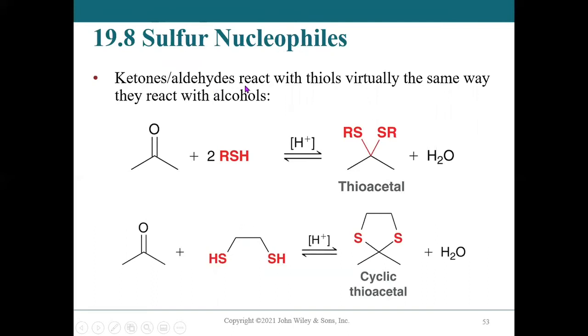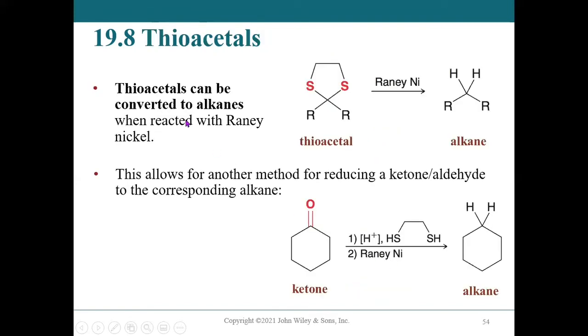Ketones and aldehydes react with thiols virtually the same way they react with alcohols. Thiol is RSH, alcohol is ROH. So here we have this thioacetal, and we can also produce a cyclic thioacetal. A thioacetal can be converted to an alkane when reacted with Raney nickel.